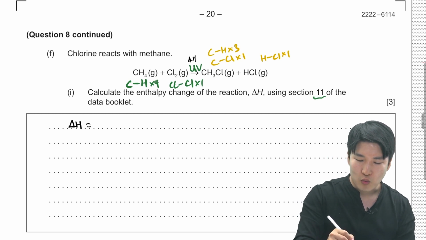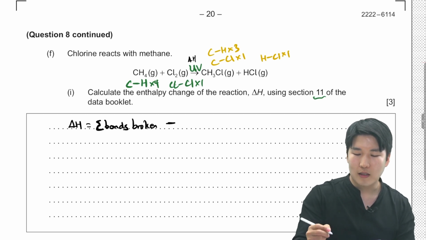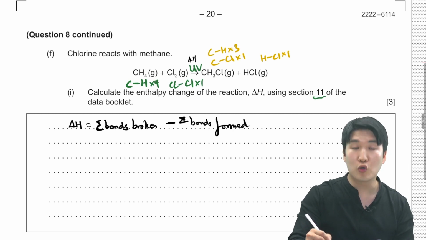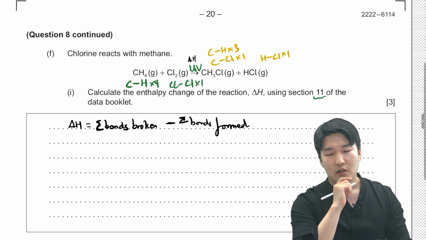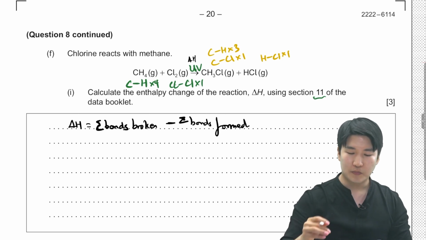And we represent this as the sum of bonds broken. We'll be subtracting the sum of the bonds formed. Why? Because the new bonds formed will be releasing energy, and that will take a negative sign.